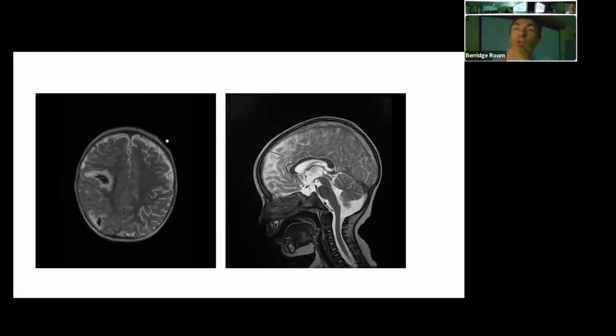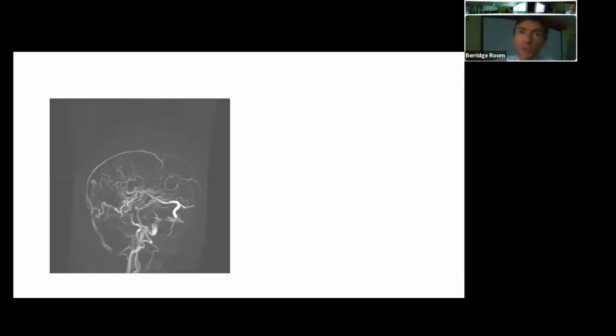But I suppose, just to contrast those cases, you can see that sometimes the signs are fairly obvious, and other times these findings are quite subtle. It's useful to do an MRV. I'm sorry, that's not projecting very well, but this obviously is a flow sensitive sequence.